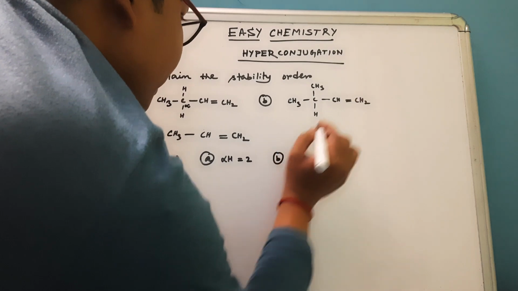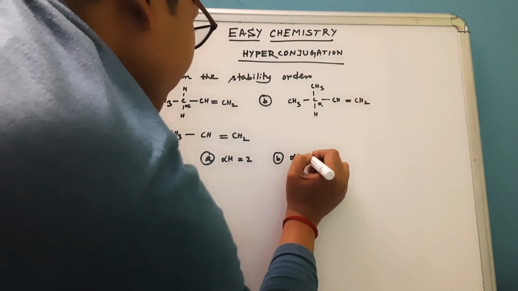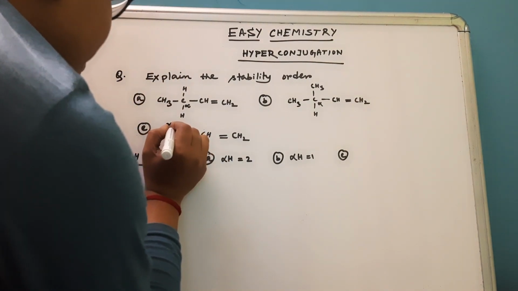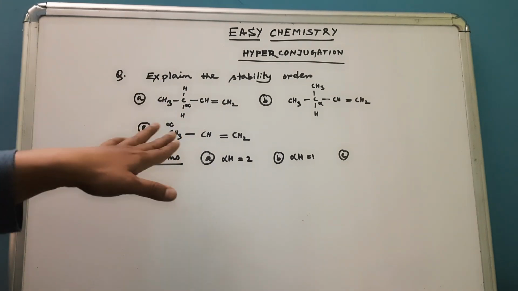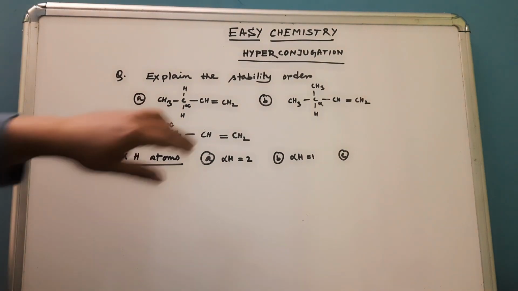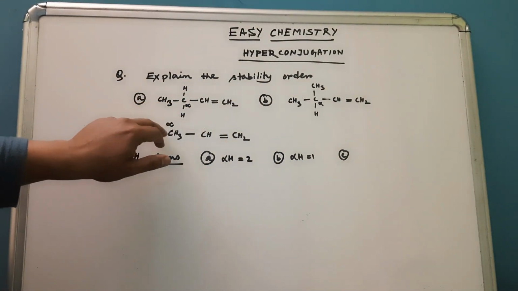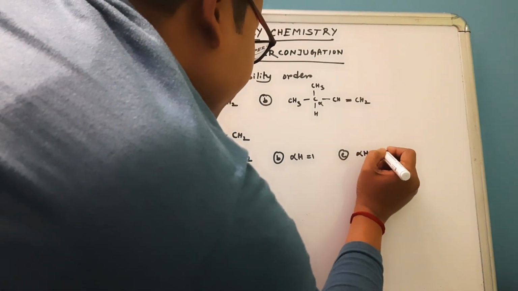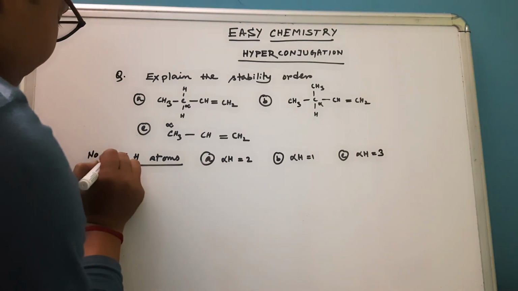In B, this is the alpha carbon, so the number of alpha hydrogens is 1. Alpha carbon means the first neighboring carbon atom after the carbon-carbon double bond. In C, this is the alpha carbon, and the number of alpha hydrogen atoms is 3.